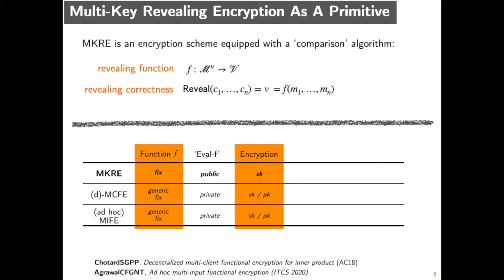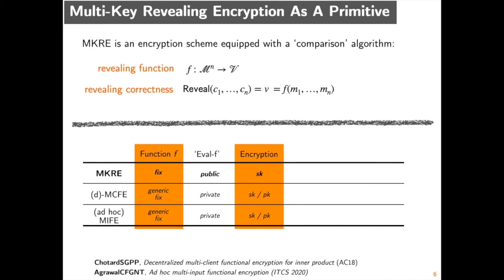Regarding how we encrypt files, in the multi-key revealing encryption scheme, encryption depends on a secret key, while in the schemes that derive from functional encryption, the original ones were using a public key encryption scheme, and then for efficiency, they are moving towards secret key encryption solutions as well.